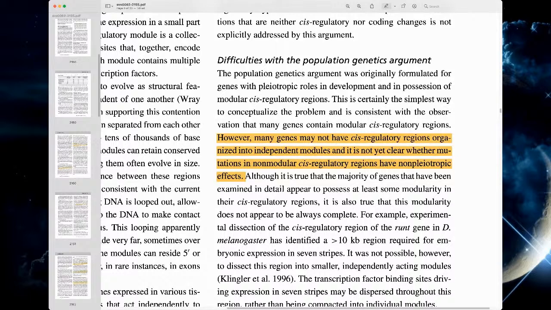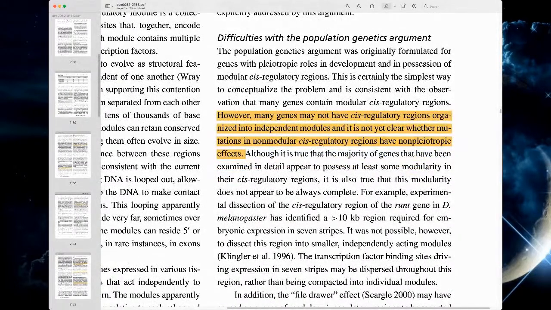Although it is true that the majority of genes that have been examined in detail appear to possess at least some modularity in their regulatory regions, it is also true that this modularity does not appear to be always complete. For example, experimental dissection of the cis-regulatory region of the runt gene in D. melanogaster has identified a greater than 10-kb region required for embryonic expression in 7 stripes.